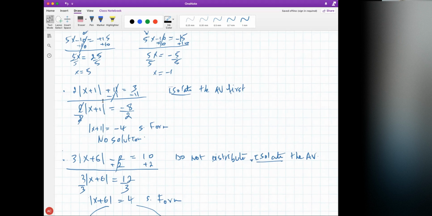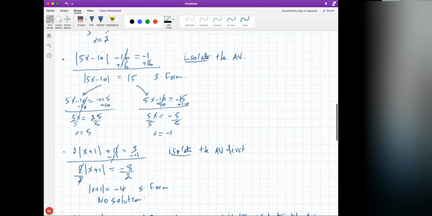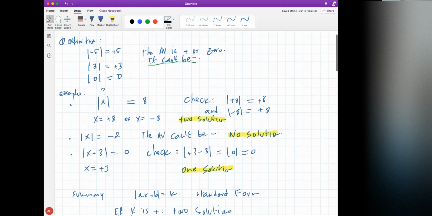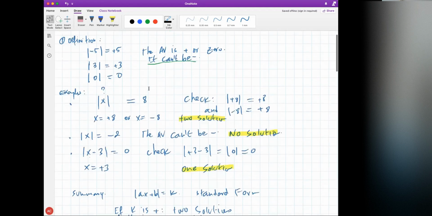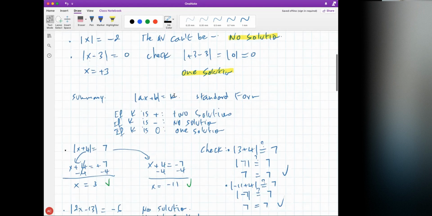If you have two solutions, for example, you may only find one, or if you have no solution, you may waste time finding the solution and checking it just to find out that it doesn't work. So that's the main idea. Isolate first and check based on k how many solutions you have.